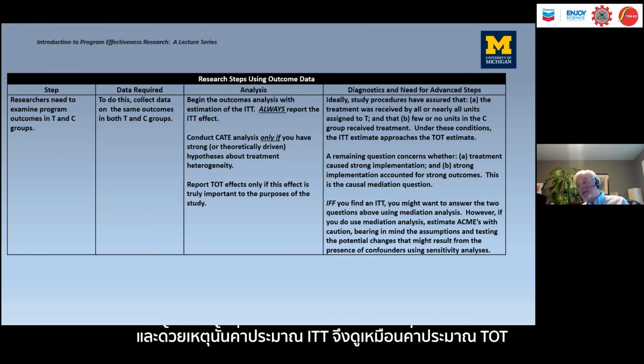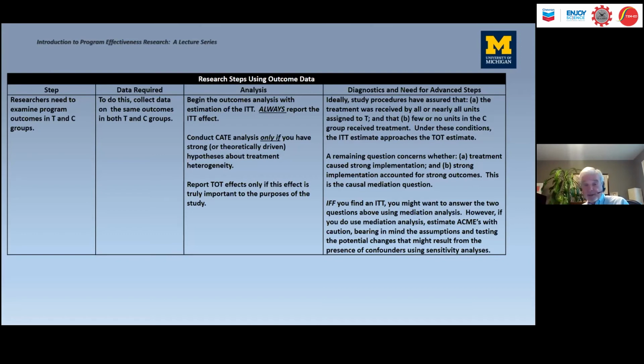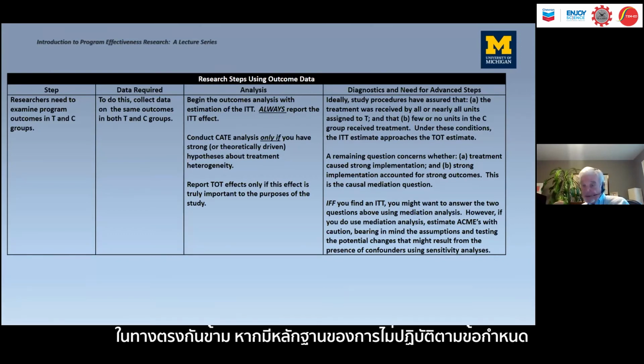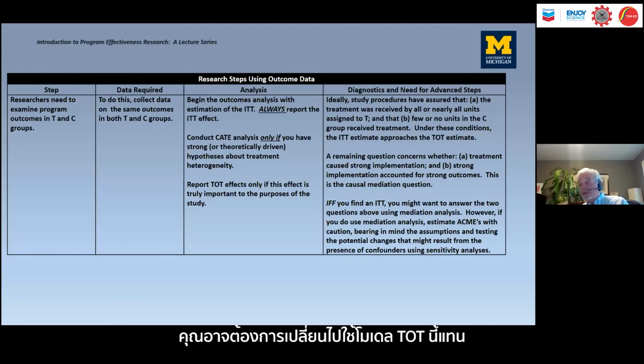And so the ITT estimate looks like the TOT estimate, and you don't really need to do the complex TOT estimate. On the other hand, if there is evidence of non-compliance, then you might want to move to this TOT model.